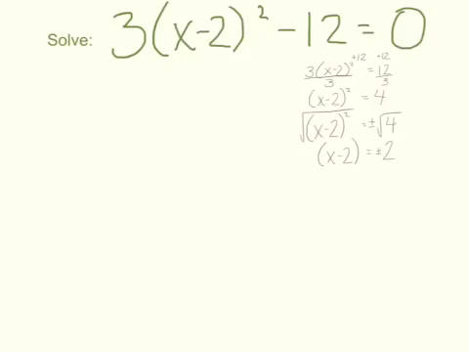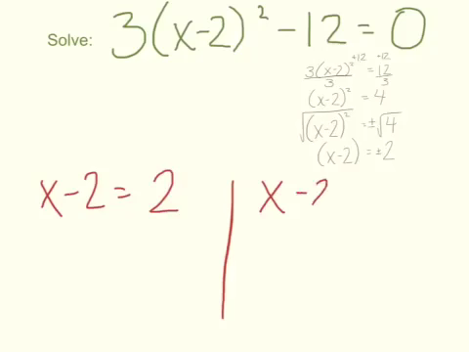Okay, and now look at the two cases. So first of all, we might have x minus 2 equals 2. That's the positive version, the plus of the plus or minus. And the other option is x minus 2 equals negative 2. Okay, so in both cases we're going to add 2 to both sides to get rid of the minus 2 from x minus 2.